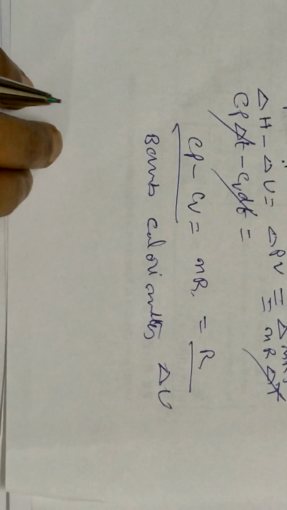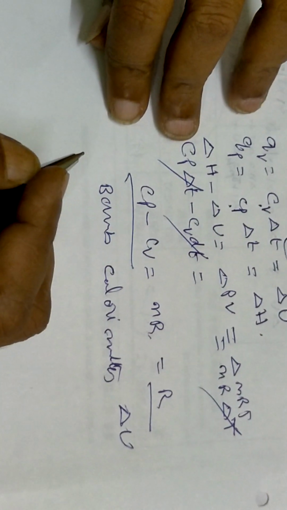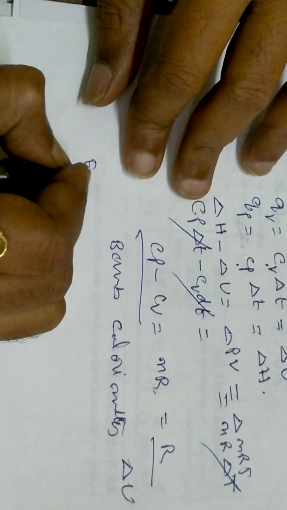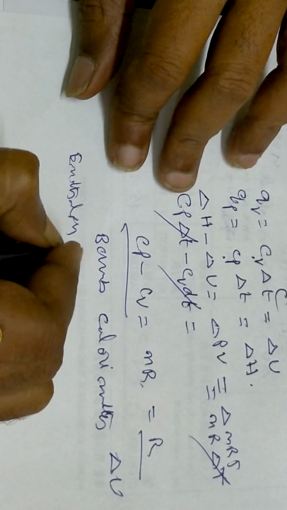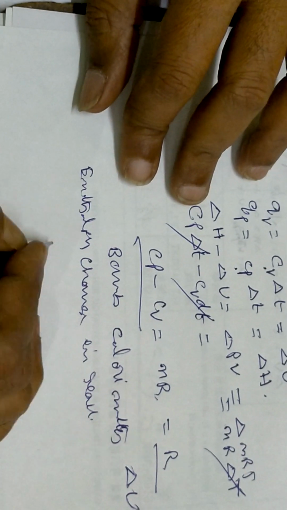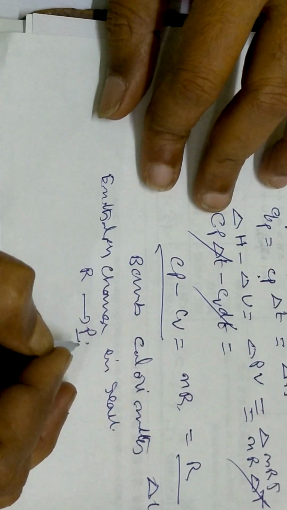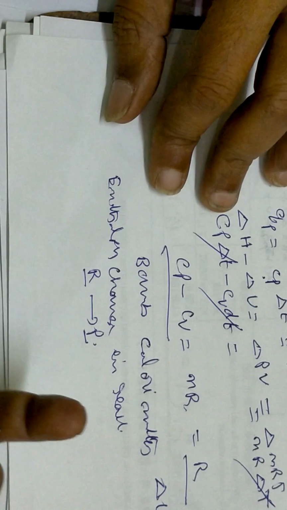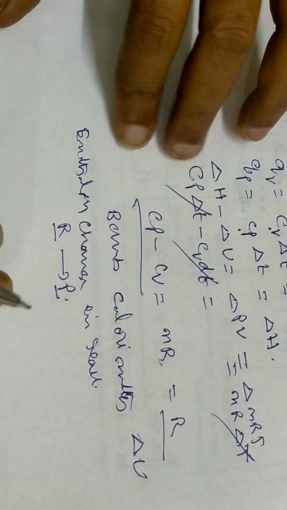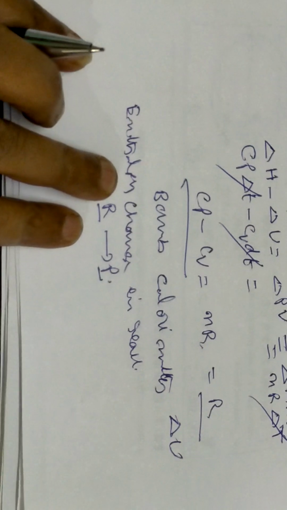Right. Now the last one we will see today is enthalpy change, or reaction enthalpy, the enthalpy change during a reaction. What is it? In a reaction, reactants give products. Products enthalpy minus reactants enthalpy is the enthalpy of the reaction. A simple example will make it easy to understand.